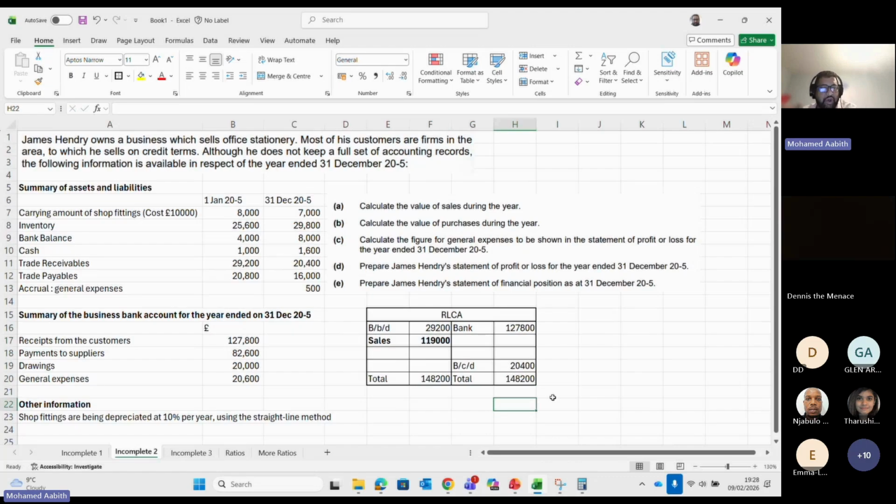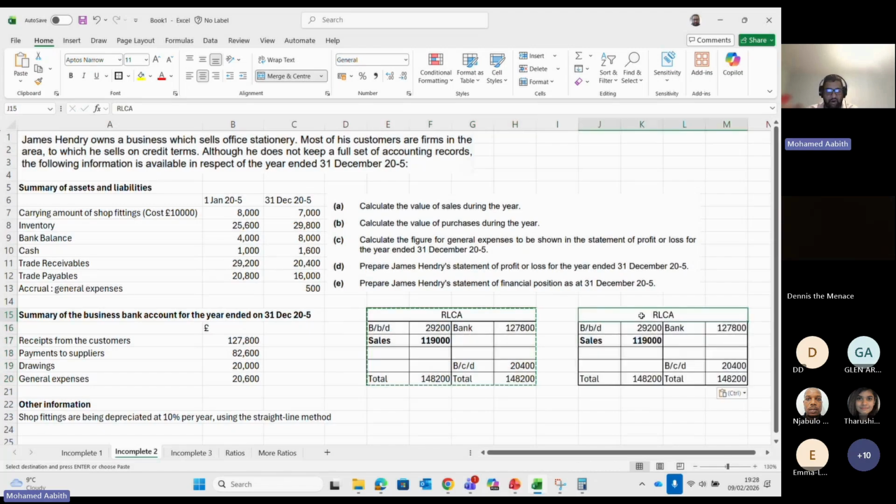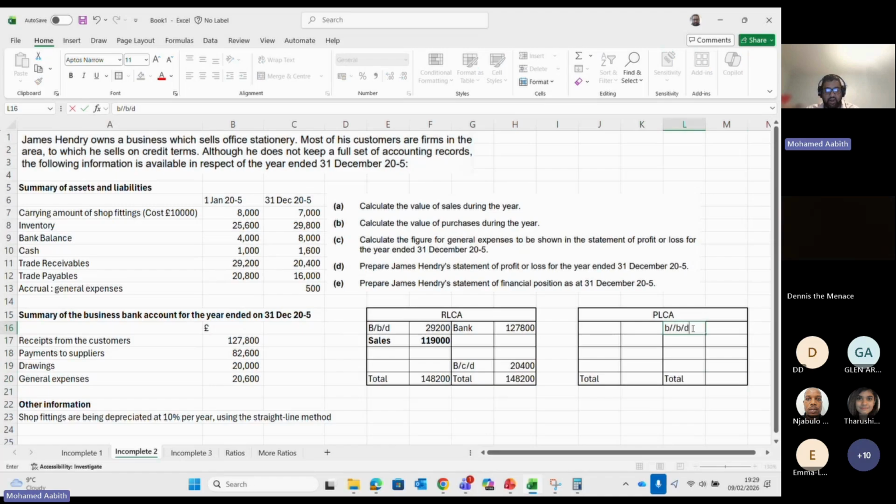In a similar way, we'll be able to find the next information, which is the purchases. I'm going to paste this now and call it PLCA, but the numbers are all going to be different. So first thing, we start with the balance brought down.